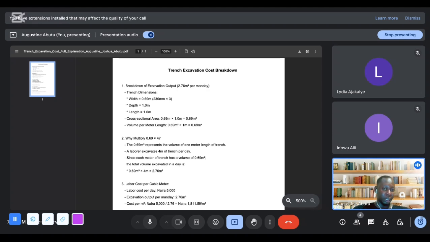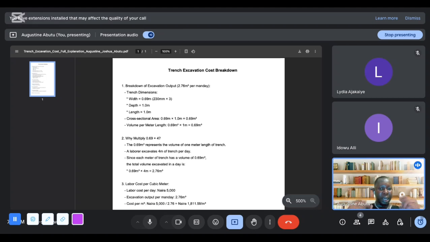On site, trench excavation is measured in length, but on your bill of quantity, trench excavation is measured in cubic meters. So the labor productivity, which is 4 meters, is given in length. Before you start building up rates, you need to convert it to cubic meters.